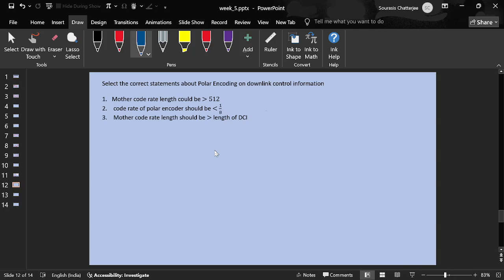Which of the following are the correct statements about polar encoding on downlink control information?